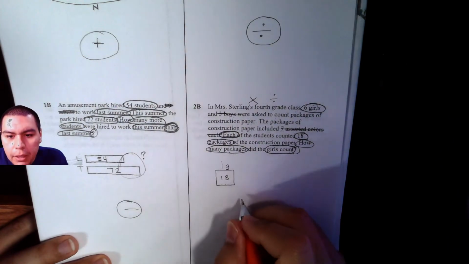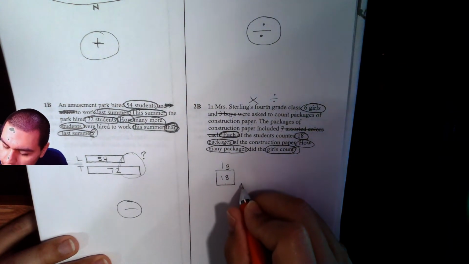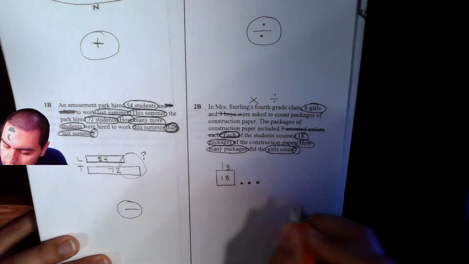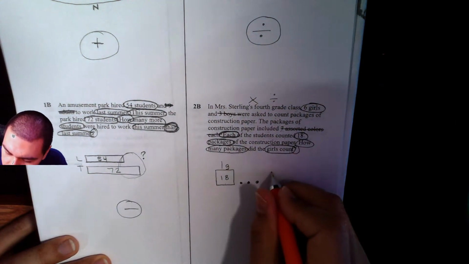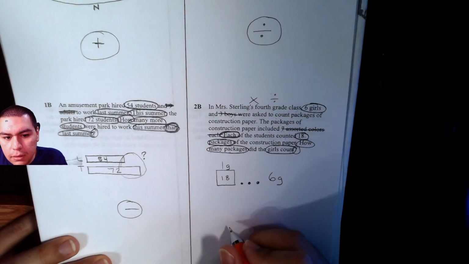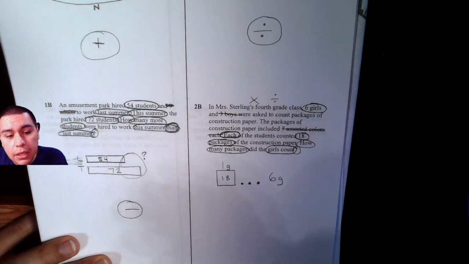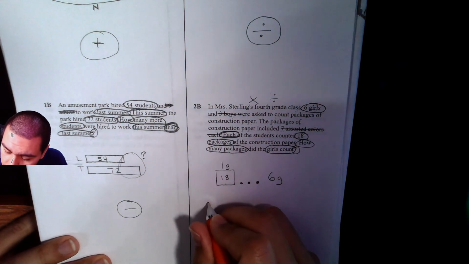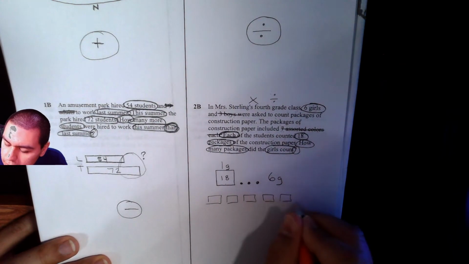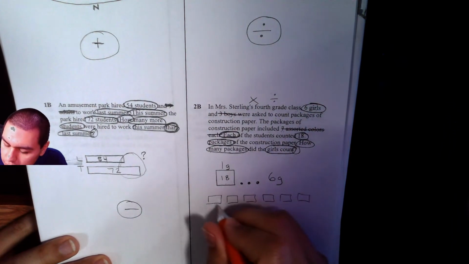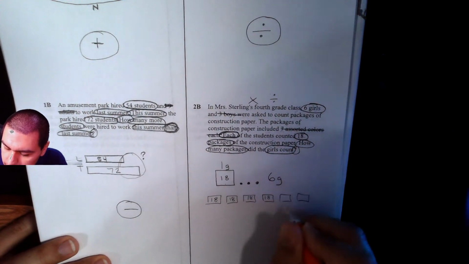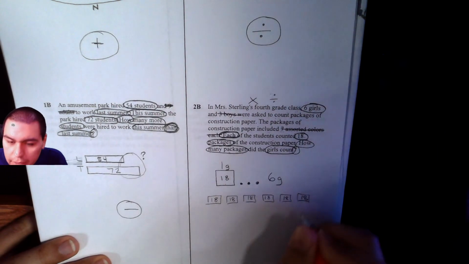So next to that box, I'm going to say to myself, it keeps happening, happening 6 times. There's 6 girls. Because again, this is math, not art.